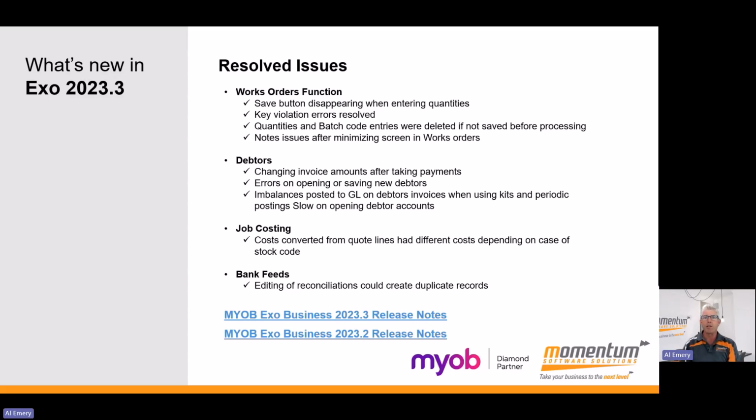There've been two releases so far this year. And as we've said in a few sessions in the past, it's fair to say that EXO is largely in maintenance and compliance mode, that there aren't a lot of sexy new features being developed by MYOB.